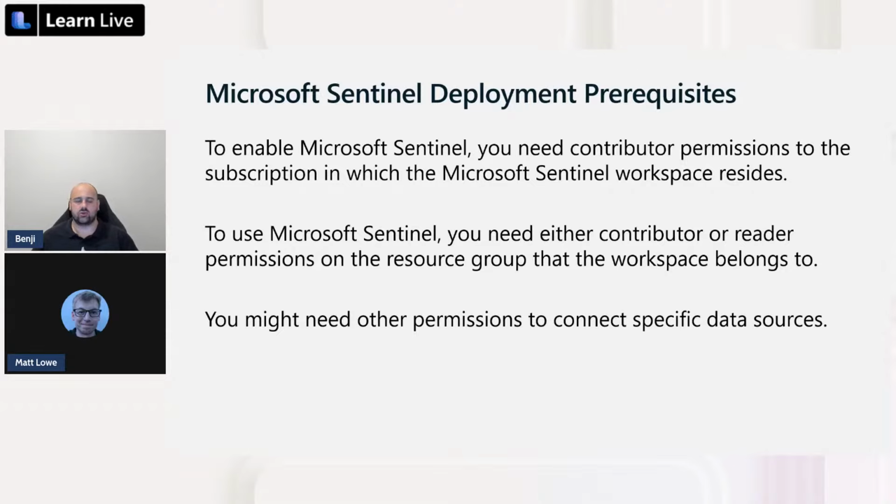If you are connecting to Azure AD or Microsoft 365 Defender, we need additional permissions connected to Microsoft 365, which are Azure AD roles and not the RBAC controls connected to Azure. But the great thing is, whenever you open a data connector, you will see the exact permissions you need to deploy it.